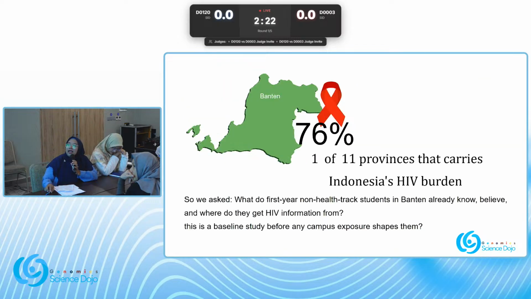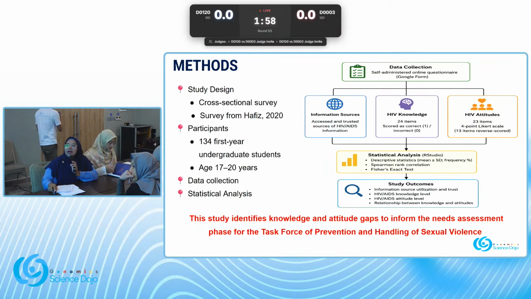Next. Okay, Banten has 76%, one of 11 provinces that carry Indonesia's HIV burden. So we asked, do first-year non-health-track students in Banten already know, believe, and where do they get information about HIV from? This is a baseline study before any campus exposure. Next.